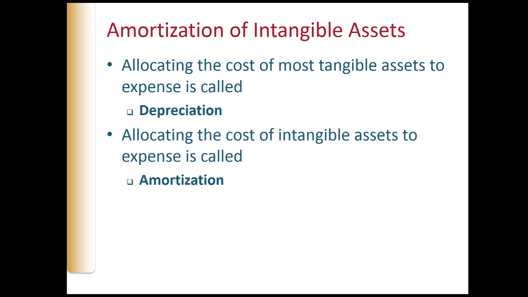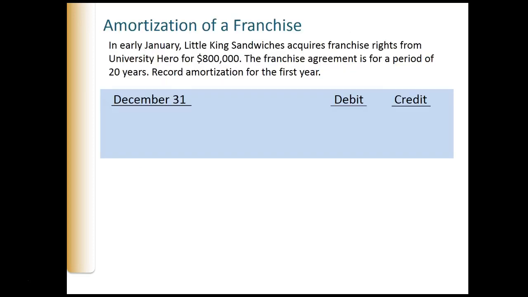The service life of an intangible asset usually is limited by a legal, a regulatory, or a contractual provision. Most companies use straight-line amortization for intangibles. Also, many companies credit amortization to the intangible asset account itself rather than to use an accumulated amortization contra account. They just credit it straight to the asset.